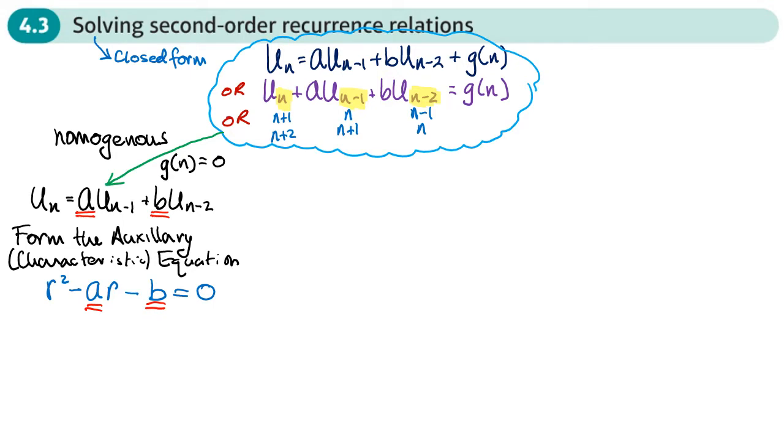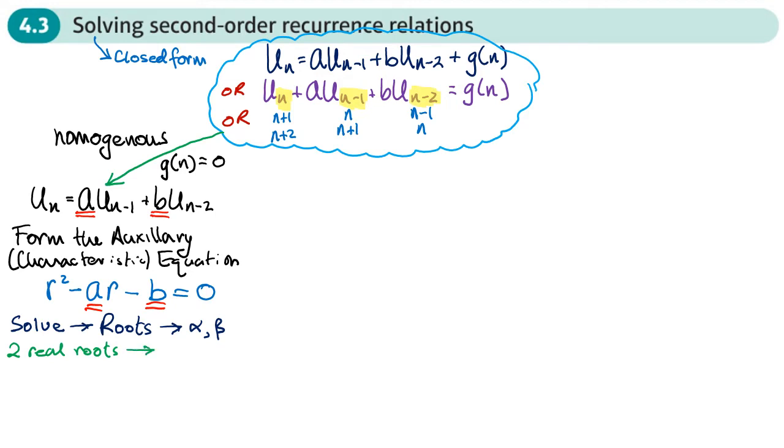So we will solve this characteristic equation, find its roots, and I'm going to call the roots alpha and beta. So what if we have two real roots? So we'll have roots alpha and beta.